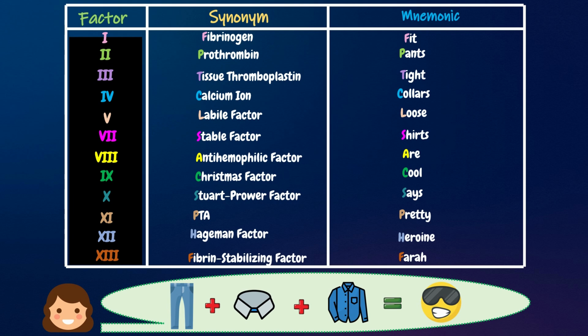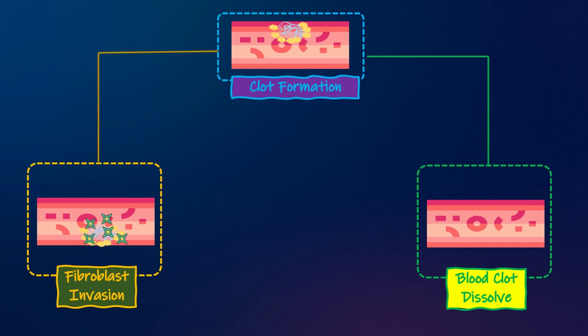Now, moving towards the last event, and that is the fibrous organization or dissolution of blood clot. Once a blood clot has formed, it can follow one of two courses. It can become invaded by fibroblasts, which subsequently form connective tissue all through the clot, or it can dissolve.